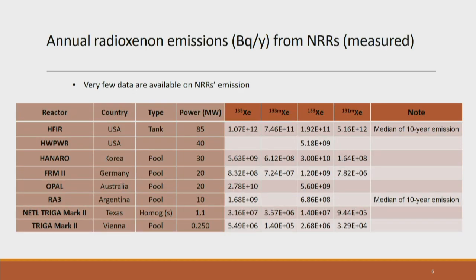Whereas the releases from nuclear power plants are very well known, there are few publications on nuclear research reactors, and this table summarizes the release data based on measurements for 8 nuclear research reactors. The data presented here for HFIR and RA3 are the median of 10-year emission.